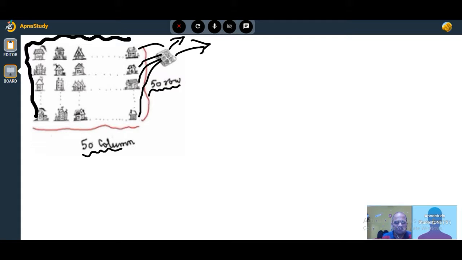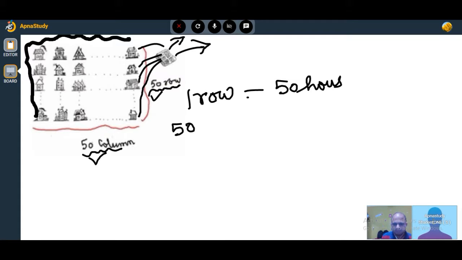As we know that there are 50 rows as well as 50 columns, I can say that if I take one row, I can have 50 houses. Now if I take all 50 rows, then how many houses will there be?